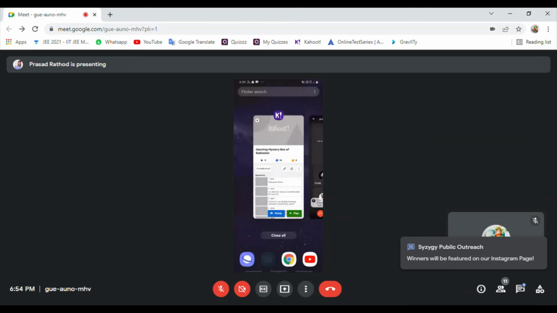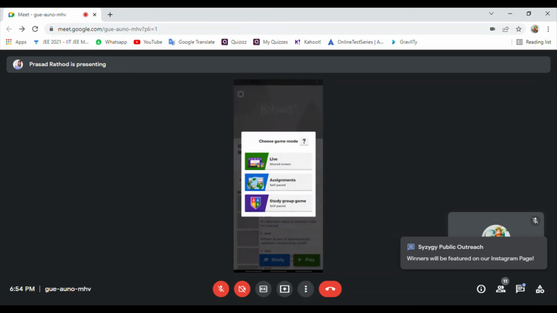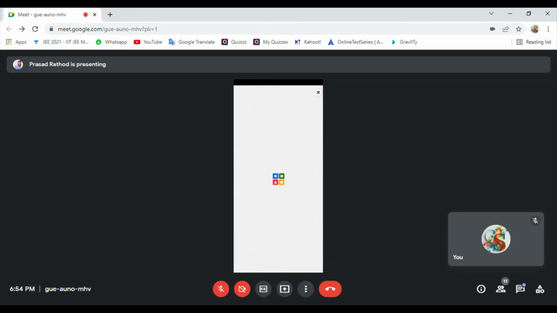So is my screen visible? Yes, sir, it's visible. Okay, fine. It's creating a game pin, because on laptop it's quite easy. Okay, it's taking a few extra seconds to load.